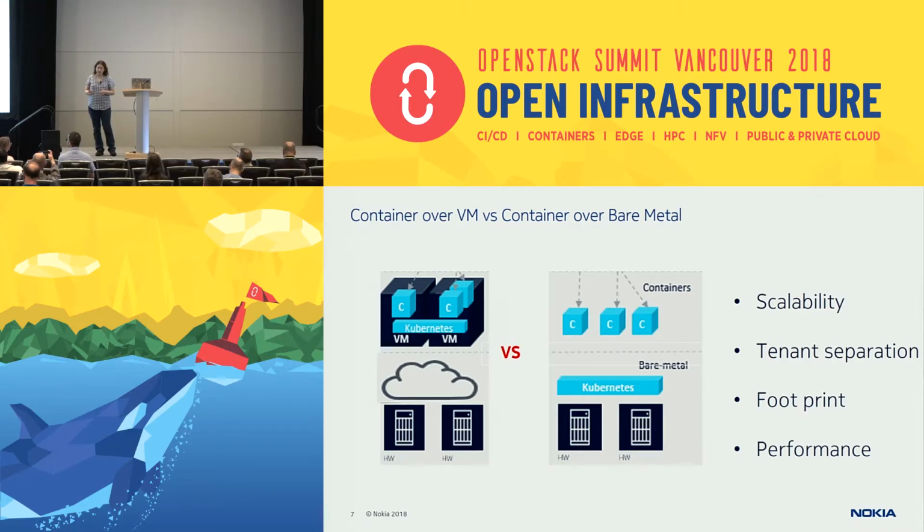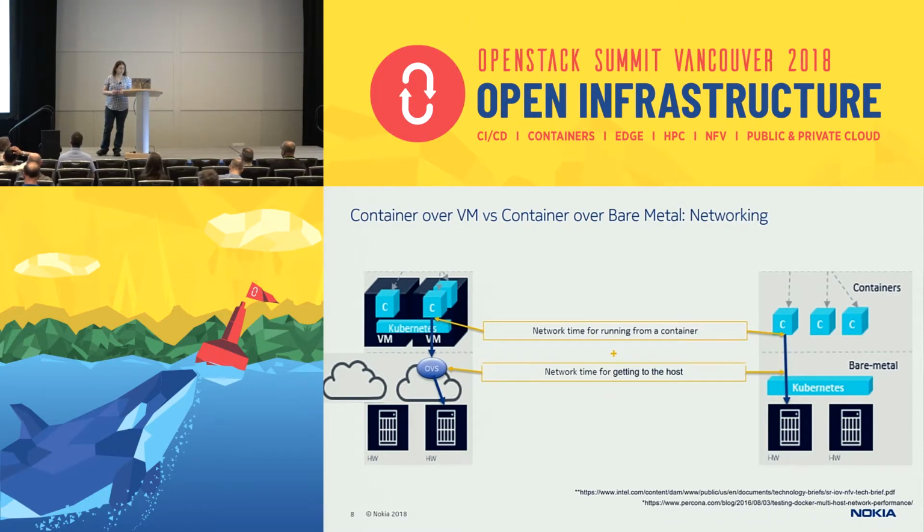It has a smaller footprint, and in some cases, like when running a machine learning algorithm, we may want to use the GPU that is in the bare metal. In some cases, we may even want to use both, so some applications will run on the bare metal and some on the VMs.